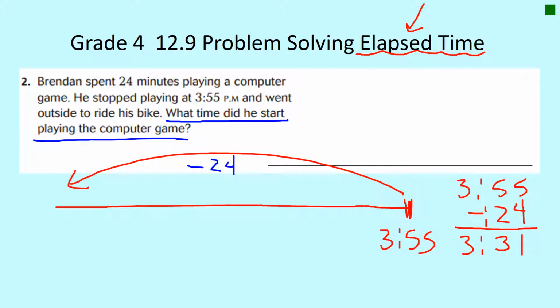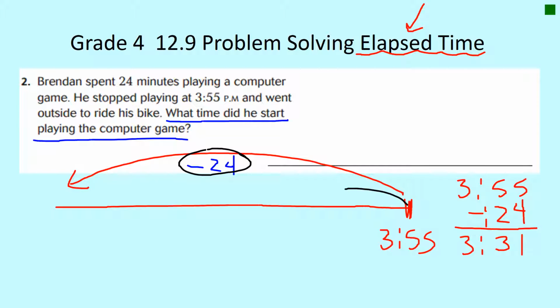It's open because there are no numbers on the number line, right? So we are going to go backwards and just do what we need to do to go back the 24 minutes. I'm going to start at 3:55 and break apart that 24 minutes into numbers that are easy to use, like my friend the 10.